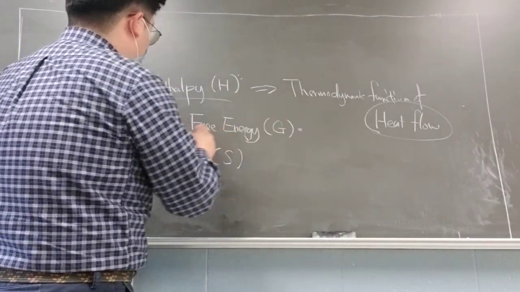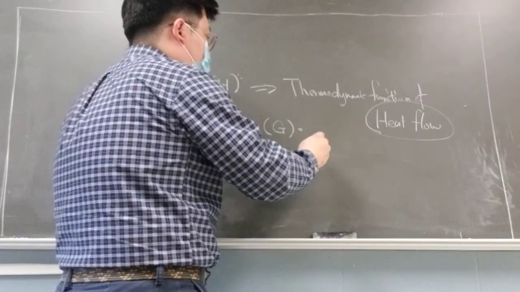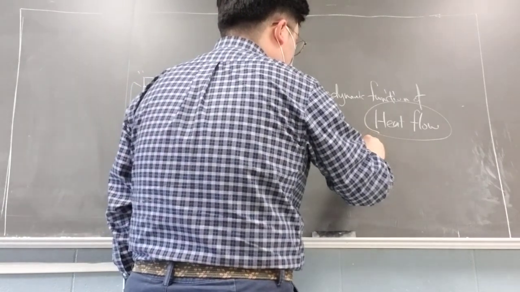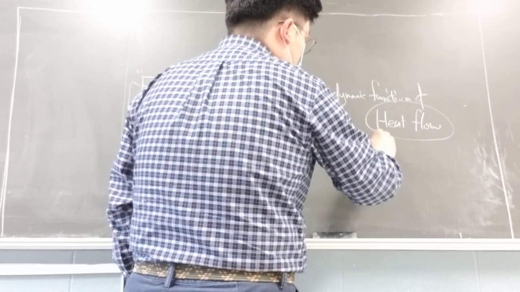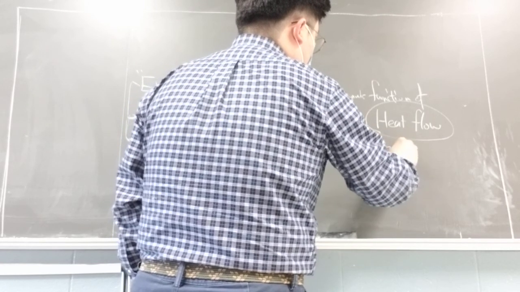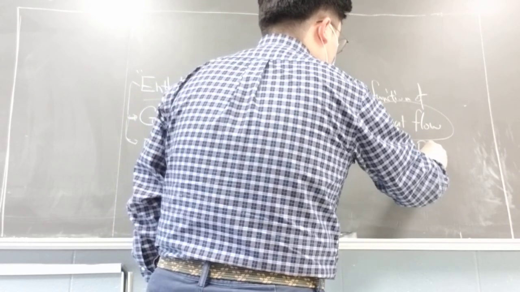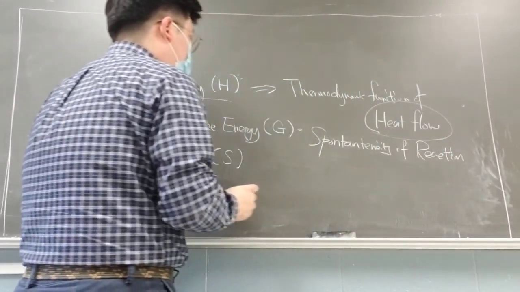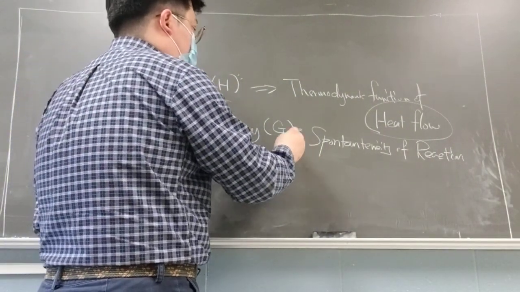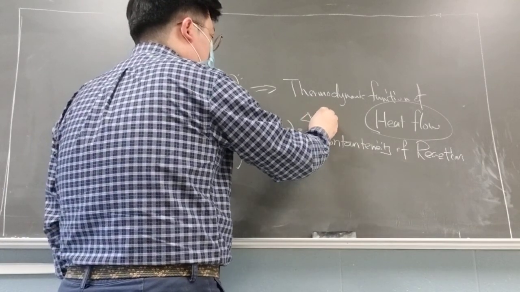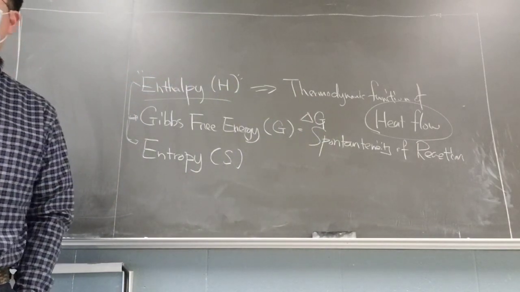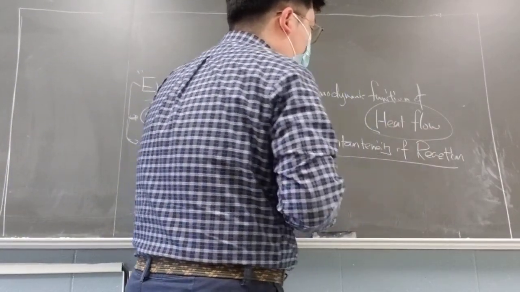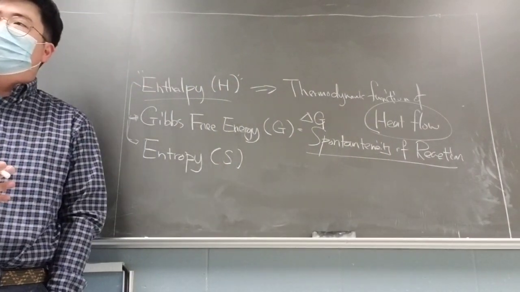And then Gibbs free energy is an indicator of the spontaneity of reactions. This is normally indicated by the change, delta G. If you look at the change in Gibbs free energy, it will indicate if your chemical reaction is going to be spontaneous or non-spontaneous.